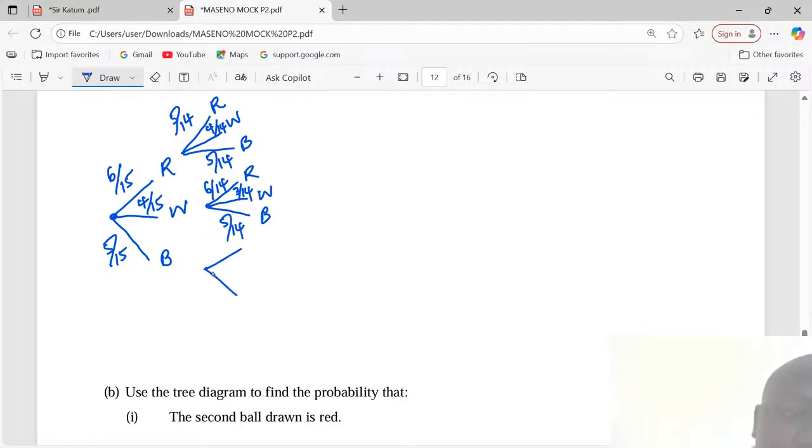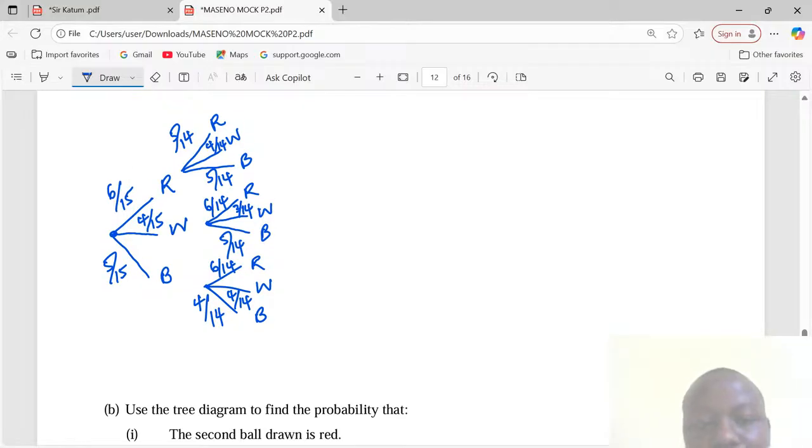Finally, we can talk about red, white, blue. If you had picked a blue, picking another blue goes down to 4. This now becomes 14. These ones remain 4 over 14. Then here 6 over 14. The outcomes have been well placed.